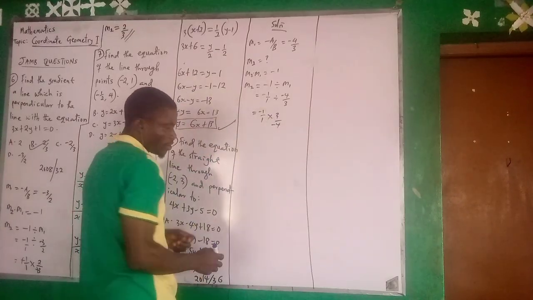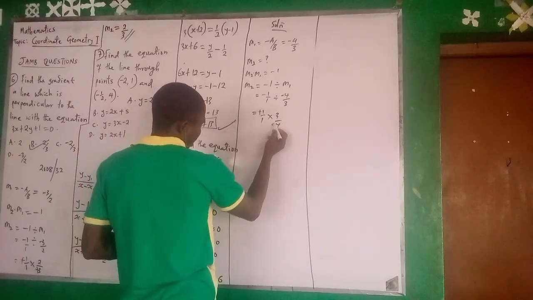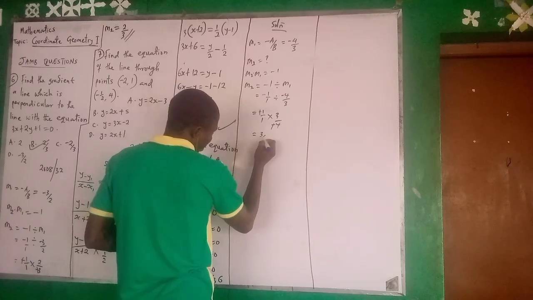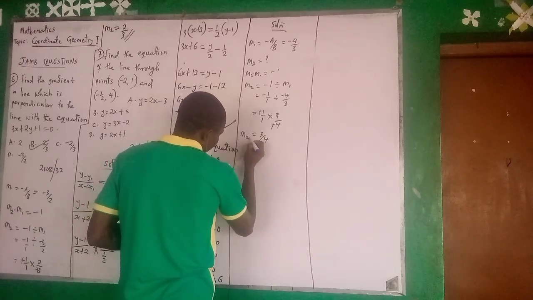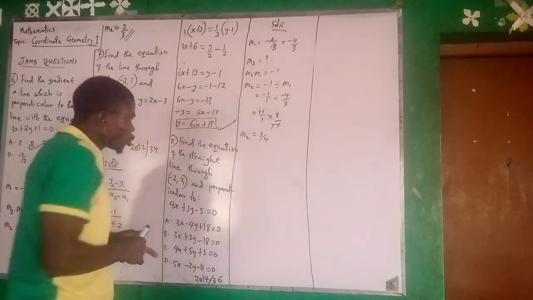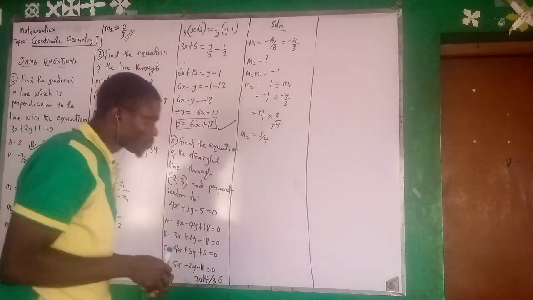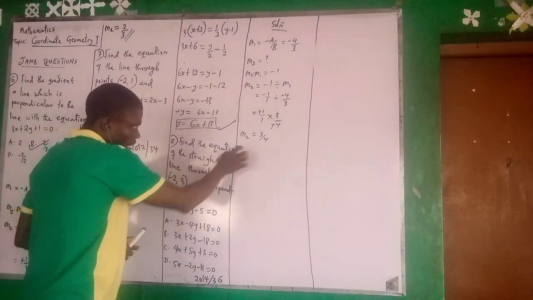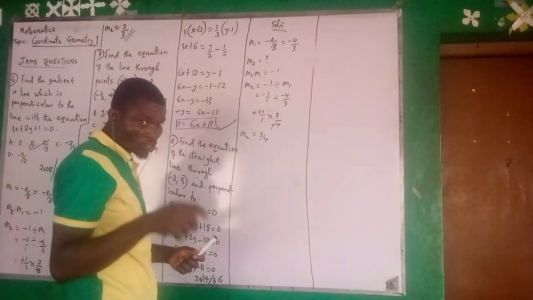Are you following now? Alright. So this can cancel out, and that will be 3 over 4. So m2 is 3 over 4. Now to get the equation with m2, what point is given? A slope is given. Use that equation I gave you before.